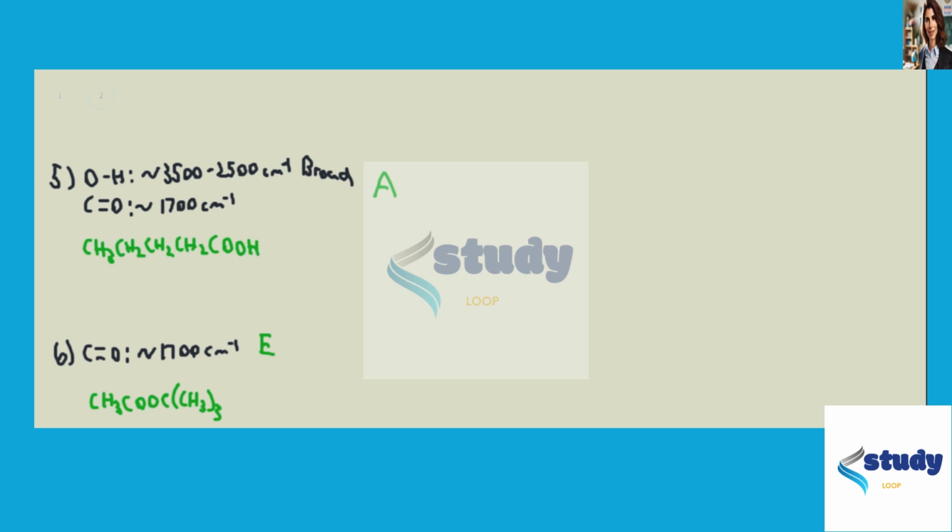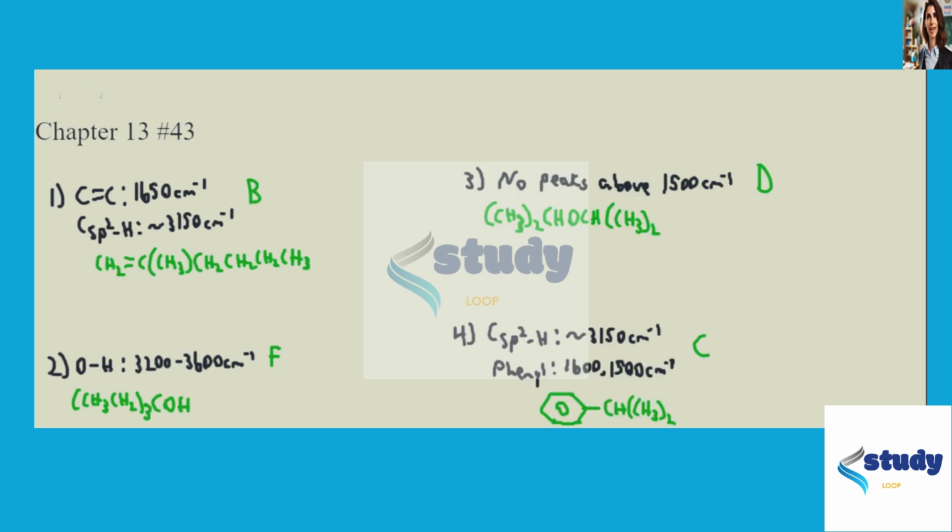Then 2, since it just has an alcohol, and 6, since it just has a carbonyl, and then see what's left. 5, with the carbonyl and that very broad OH, is pretty definitely a carboxylic acid. And then the other 2 are easy to distinguish between when you realize that the peaks at 1600 and 1500 correspond to the phenyl ring instead of just a regular double bond. And so that's the answer to chapter 13, problem number 43.